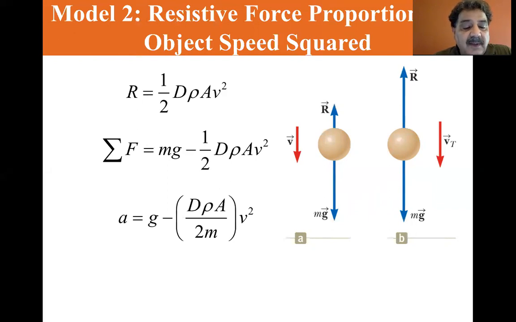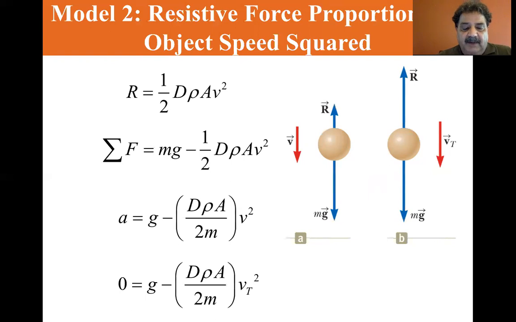I'm sorry. When the gravitational force is balanced by the resistive force, that is the terminal velocity. So the net force on the object is 0. So we set the acceleration equal to 0 at that point. So we solve the equation above, and if you solve for Vt, you get 2mg.